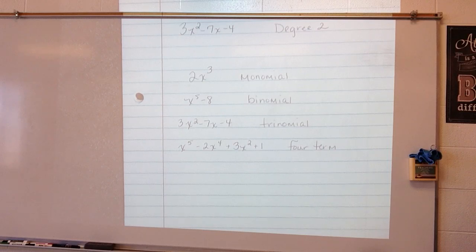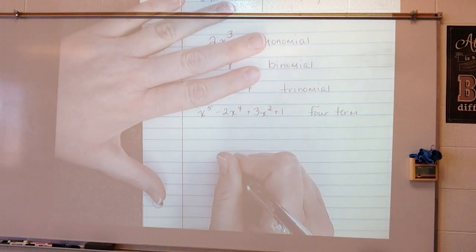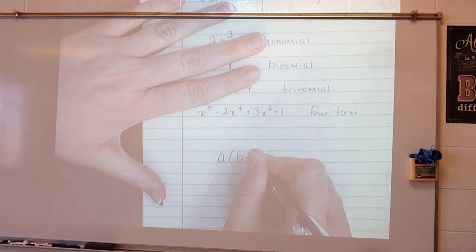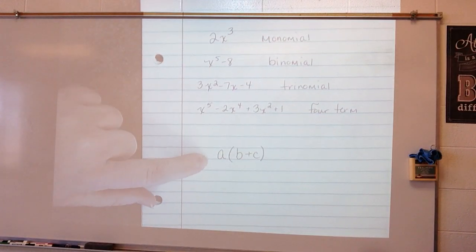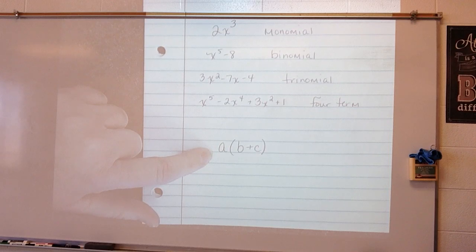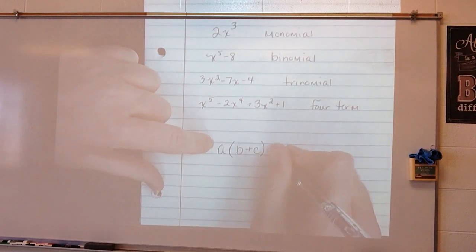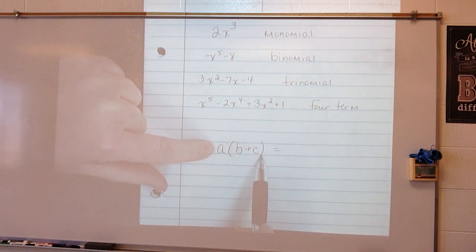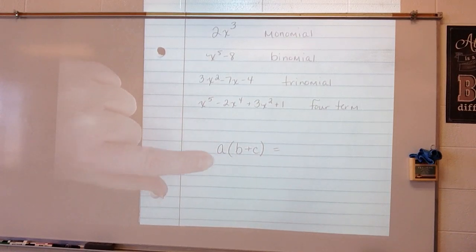Really quickly, let's review the distributive property. If I have this, the distributive property tells me that I need to multiply the A times everything inside those parentheses.